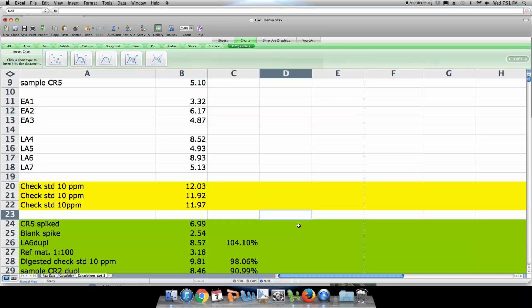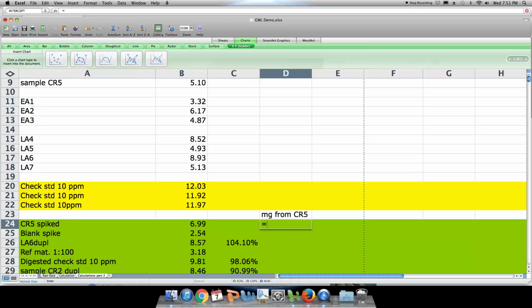Now, a spike solution contains a contribution from our sample, in this case CR5, and a contribution from our spiking solution, in this case a 10 milligram per liter standard. So, how many milligrams from CR5? Well, in this case, we started with 12 milliliters of sample CR5.